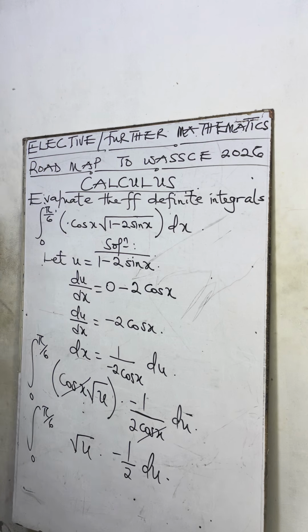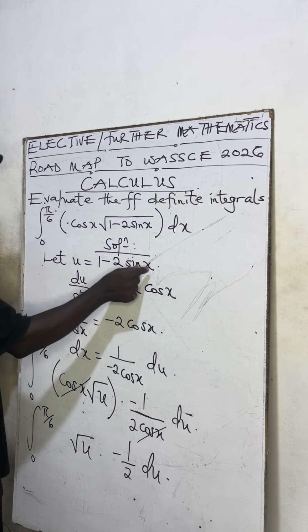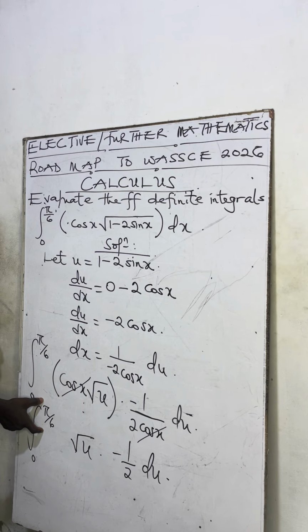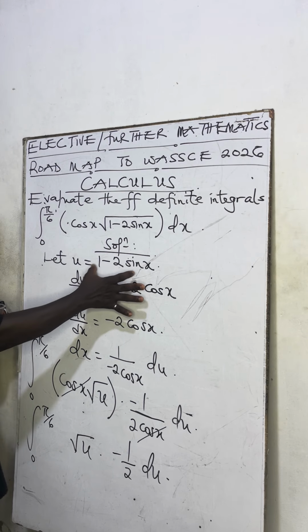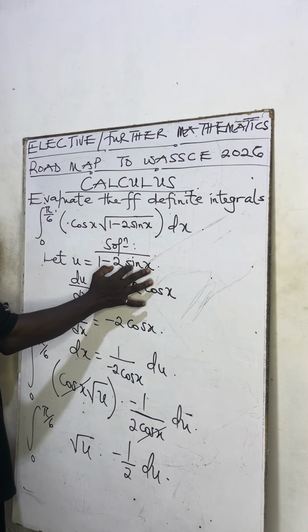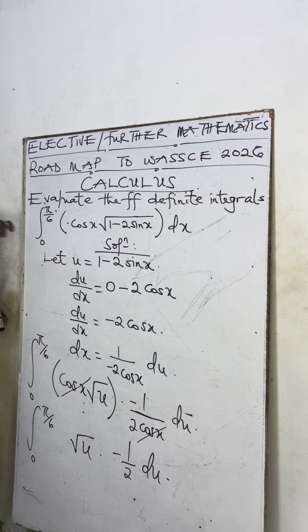So take note, the limit given is for x. If you want the limit for u, you have to substitute the upper bound, which is pi by 6, inside this expression, 1 minus 2 sine pi by 6, so that it will give you the upper bound for u as well. That's 0. So x is 0, you substitute, then you get the lower bound for that.